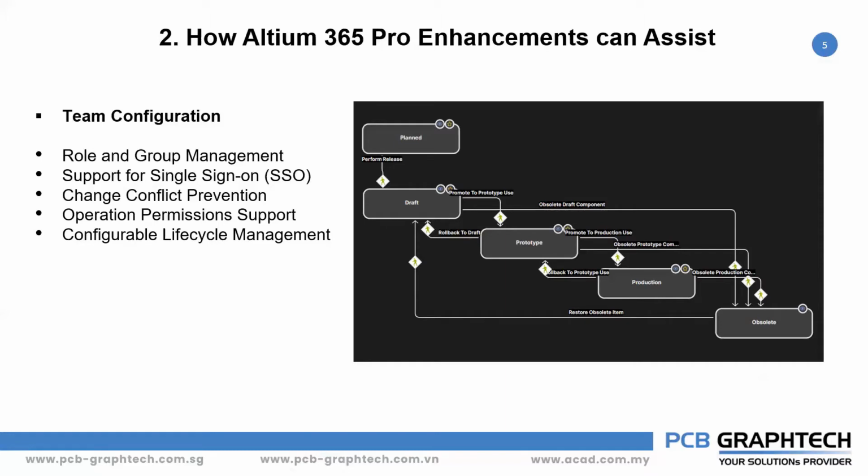Then next, operation permission support. This is finally to have control over the organization: who can edit the document, who can edit the component, or who can be added as a role. Later I will show you in the software how it happens.